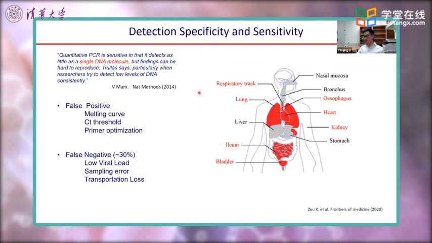So this graph shows that the upper respiratory tract has much lower expression level of the ACE2 gene compared to the lower one. And we know the disease mainly infects the lungs and the lower respiratory tract.